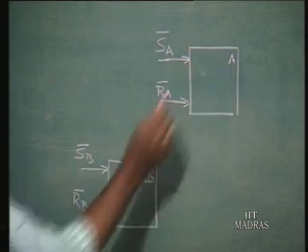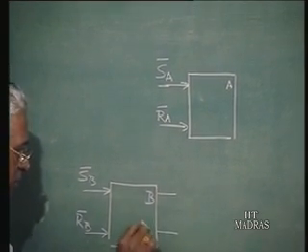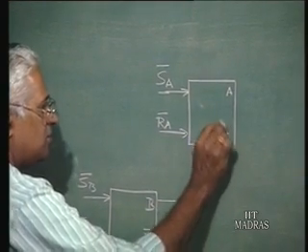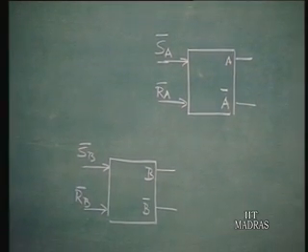Actually, we saw that B comes and B bar also comes. This we have discussed earlier. A output and A bar output both are available.